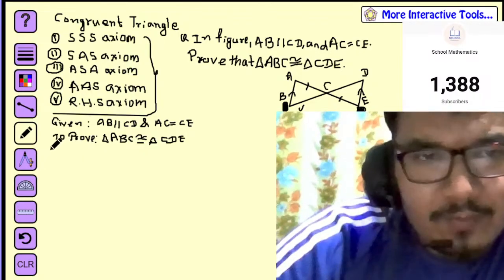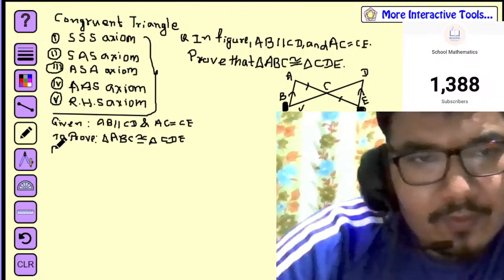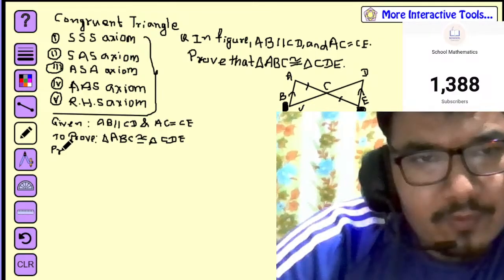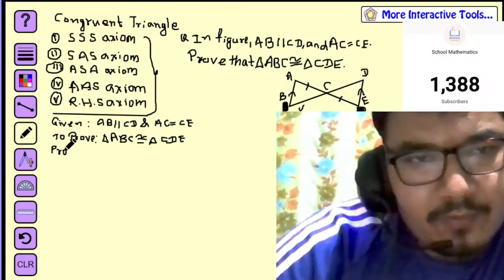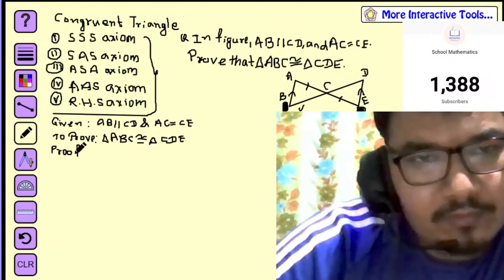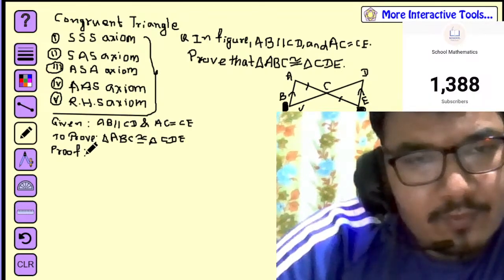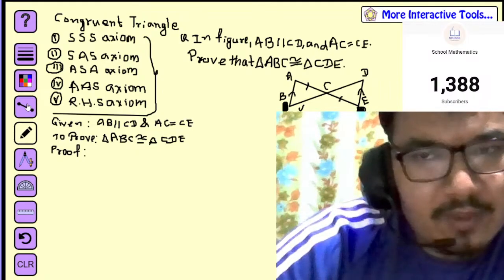Now after this we have to write a Proof, and under this proof we have to make a table. Let's make the table here.